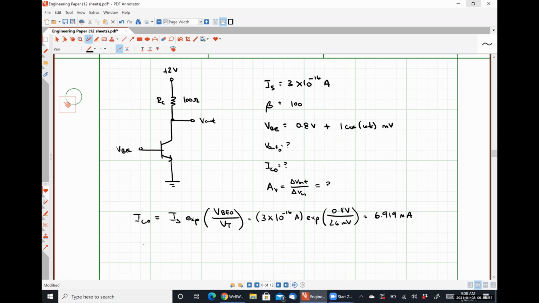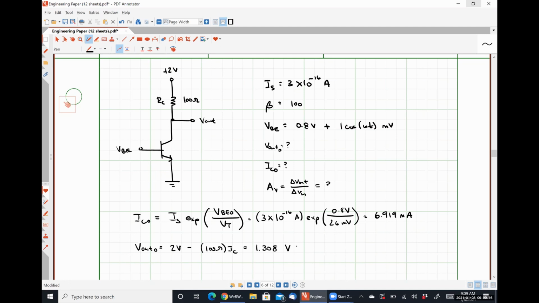From this, V out naught is 2 volts minus 100 ohms times IC, and I get 1.308 volts.